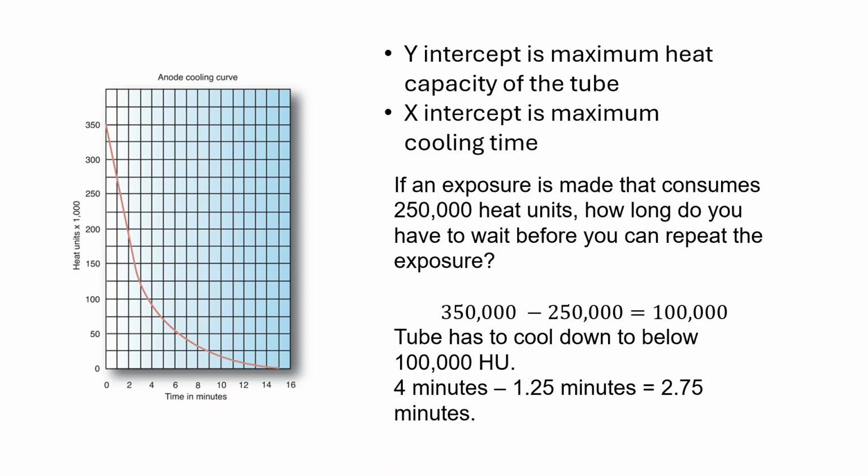It's always the y-intercept, where the red line intersects the y-axis. The maximum cooling time is always the x-intercept. That's 16 minutes. Those are easy questions if you know how to look for the answers.